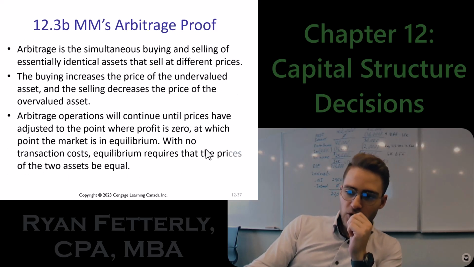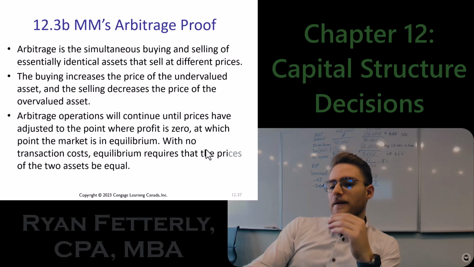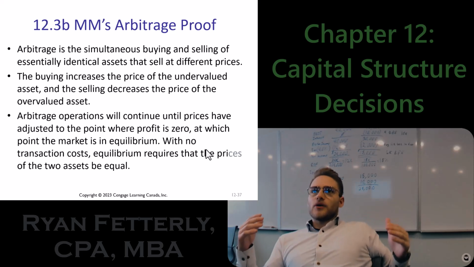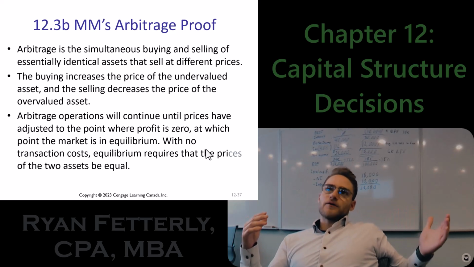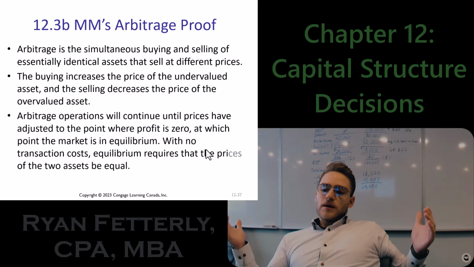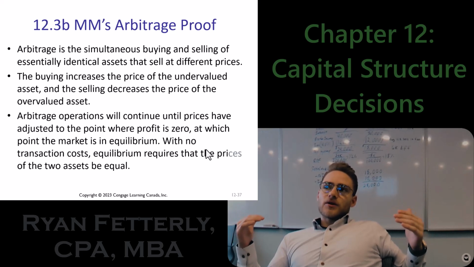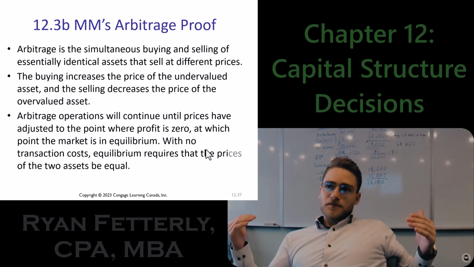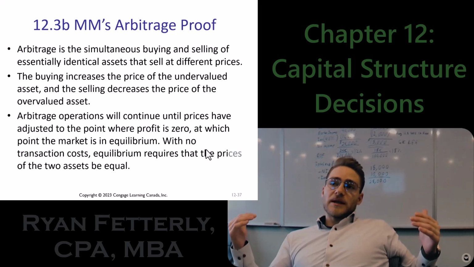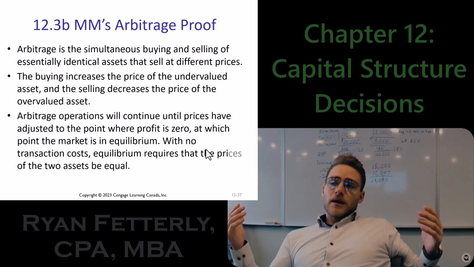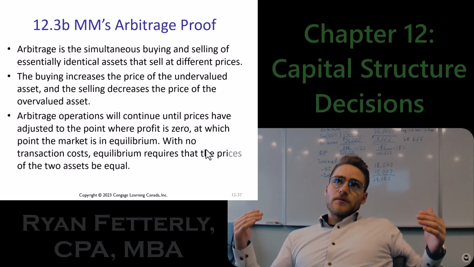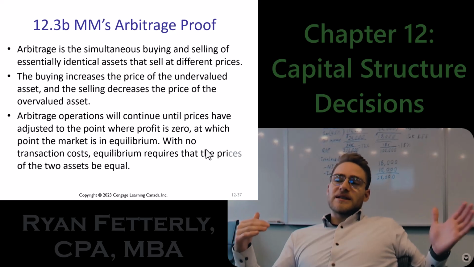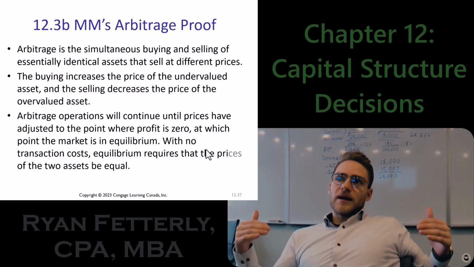And then arbitrage proof, right? Even if there were momentary discrepancies in the market between how shareholders perceive the value of firm L versus firm U, the idea is that the underlying assets are worth the same, and the market would pick up on this. So shareholders would take advantage of this, buy up the undervalued asset, and sell off the overvalued asset, right?